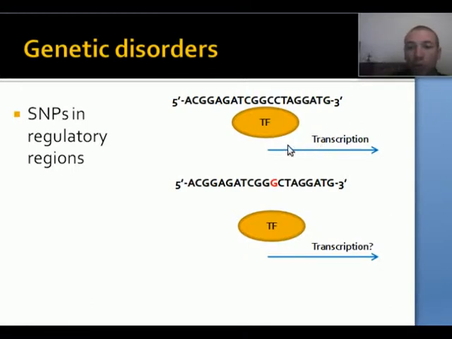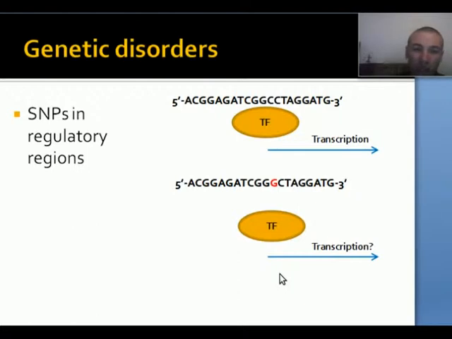However, what happens if we have a polymorphism here? Would the transcription factor find the sequence, or would it not? Or what happens if it just recognizes it less frequently? So transcription would be less frequent.